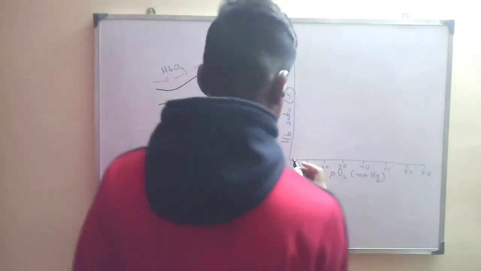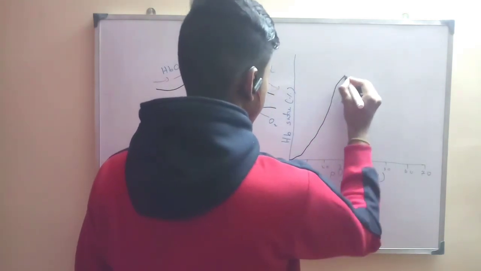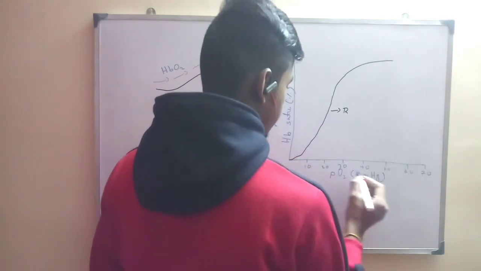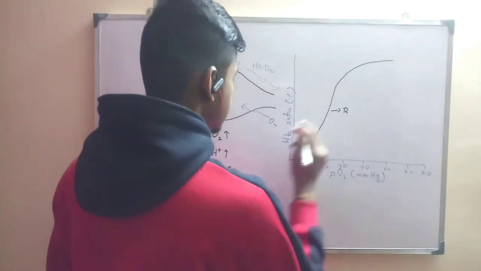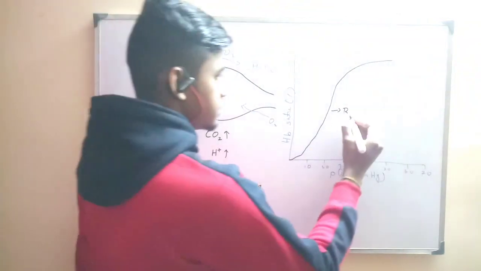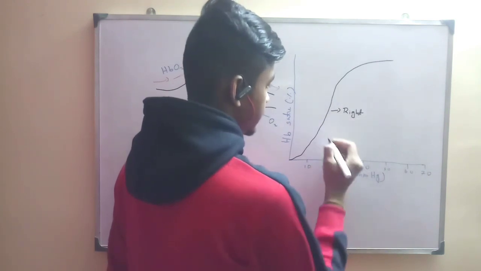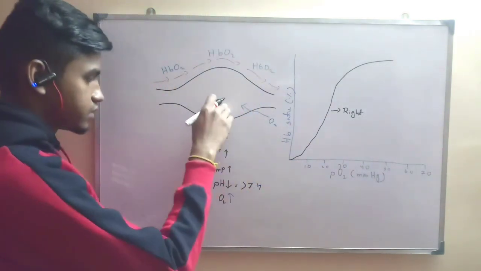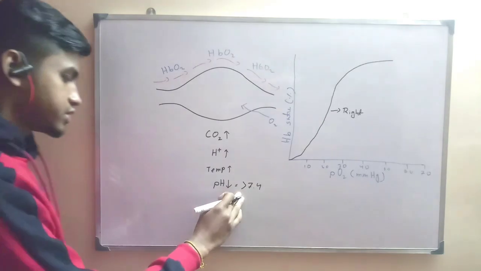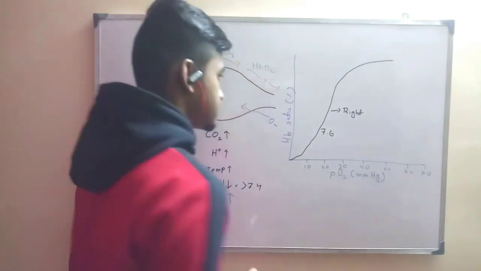Now if we plot a graph, according to the partial pressure of CO2 increase, the line will be shifted to the right side as the partial pressure of O2 is increasing, because the O2 is liberating from the hemoglobin and entering into the muscle cell. So basically the graph is shifting to the right side, and as the O2 enters the muscle cell, the pH starts increasing. So the pH becomes 7.6.